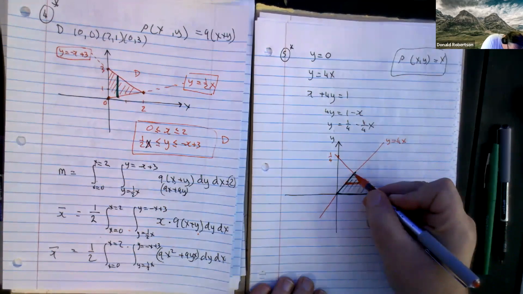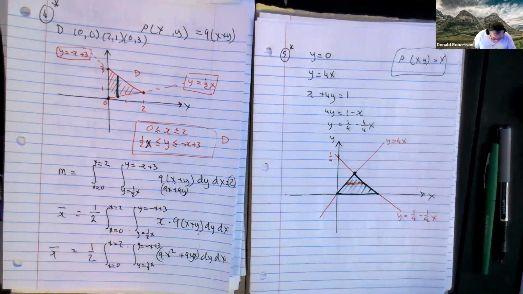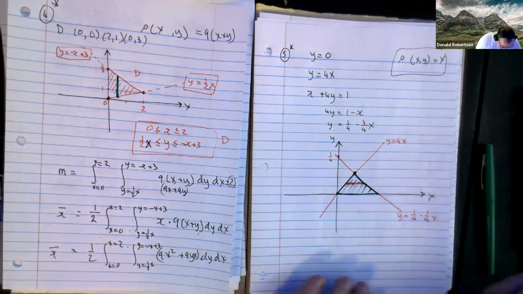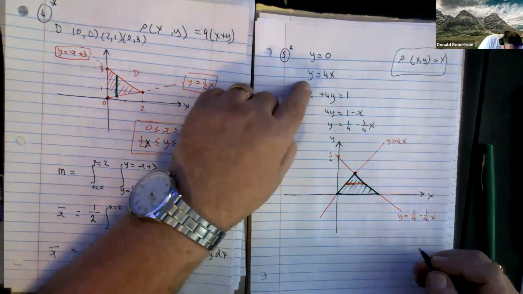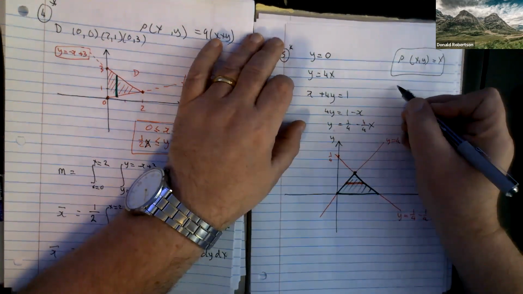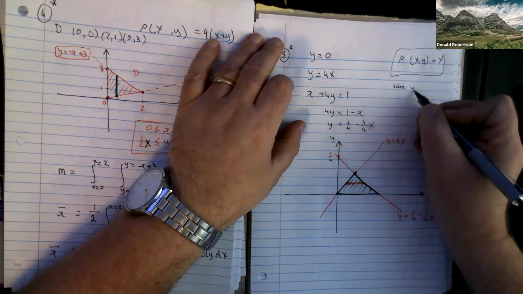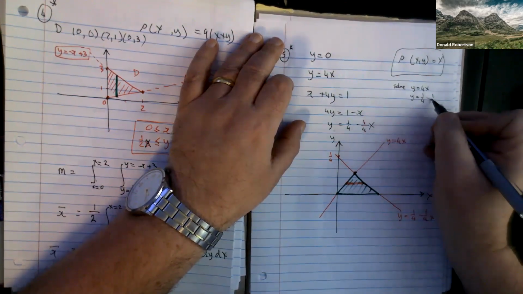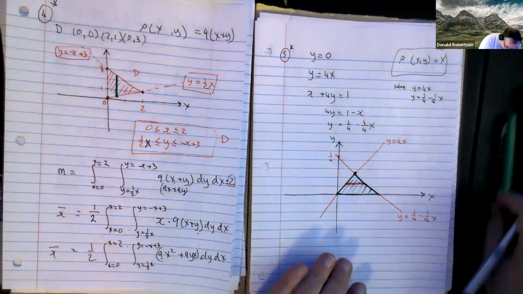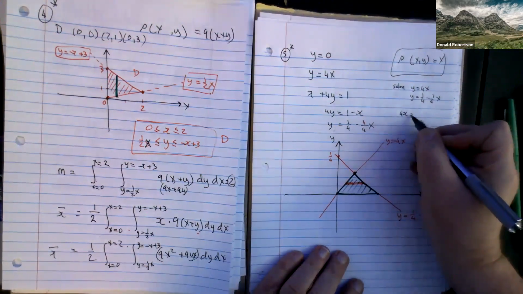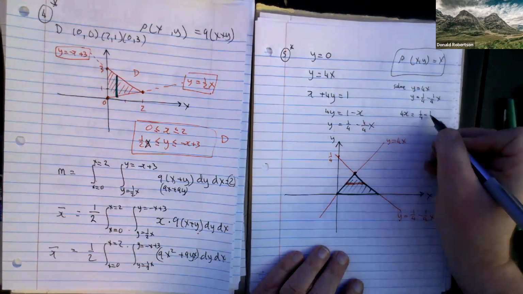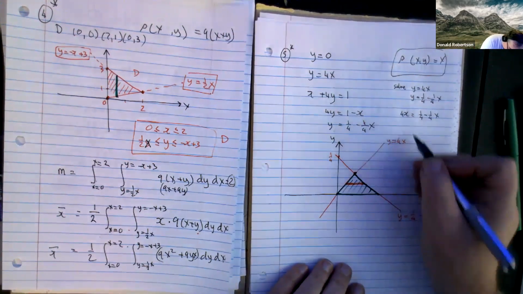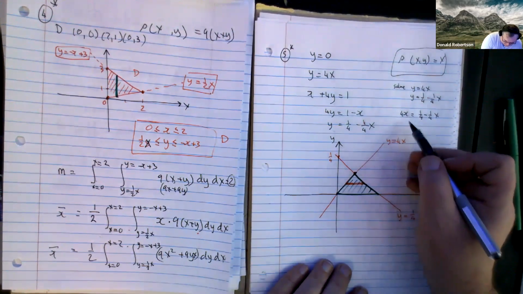Of course, I will need to know the coordinates at that point. And if I had Desmos in front of me, I'd be able to click on it and it would tell me. But since I don't have Desmos in front of me, let's see what it would be. I'm trying to solve when y equals 4x intersects that guy. Well, to do that, all you need to do is find out the x coordinate, if you like, where that happens. Well, if I add a quarter x to both sides, 4 1/4.